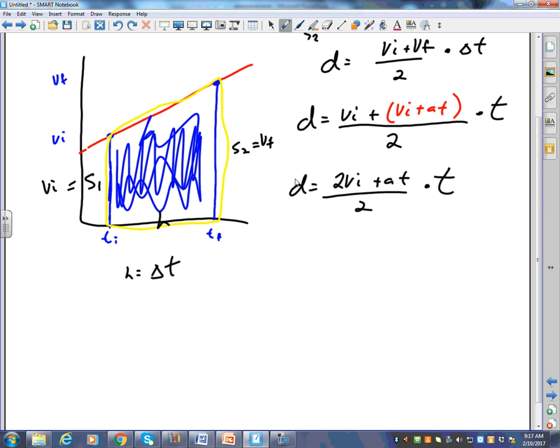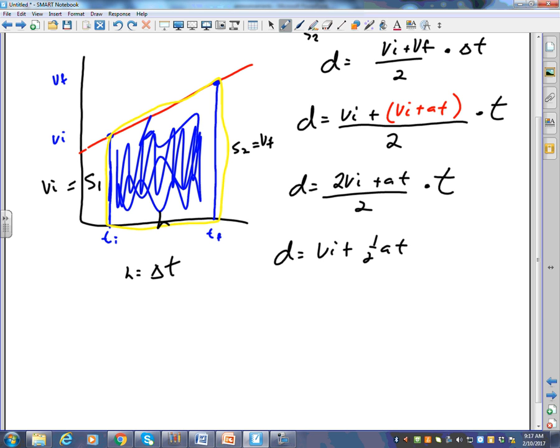Combine. These 2's will cancel, right? I can cancel those, but I have to leave that divide by 2 with this guy here. Are you okay with me writing it as Vi plus 1/2 At?